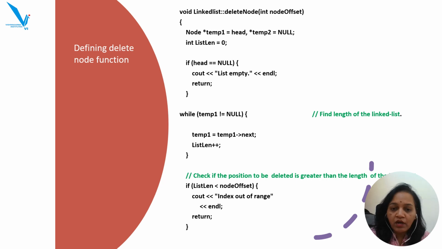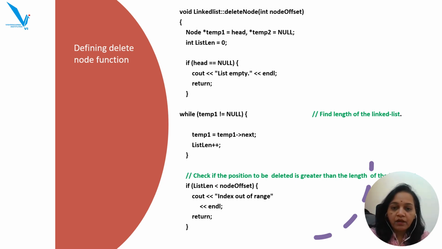So you have to give the message index out of range, or the position is not available in the list for deletion, right? And then return. So these are the cases. The first one is if your list is empty, what message you have to give. Then you find out the complete length of the list, and if your position is out of that length, you have to give the proper message. These are the two cases.